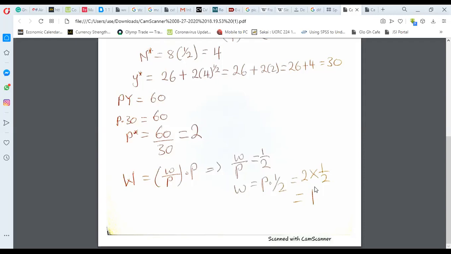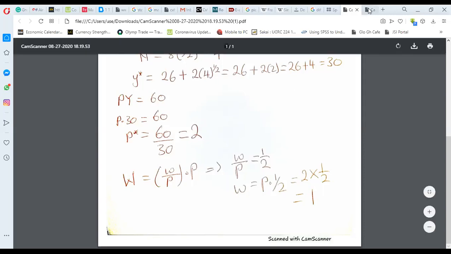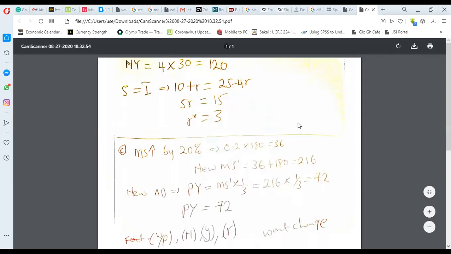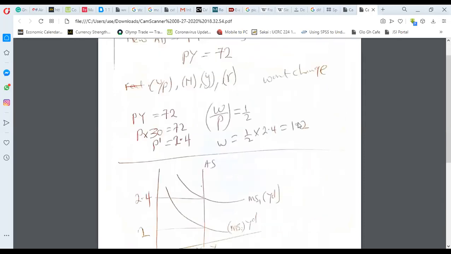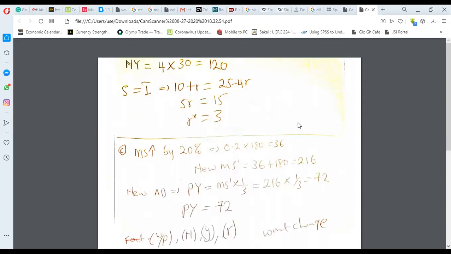Good. We move on. We're to find what again? Interest rate. Let's look at the question again.